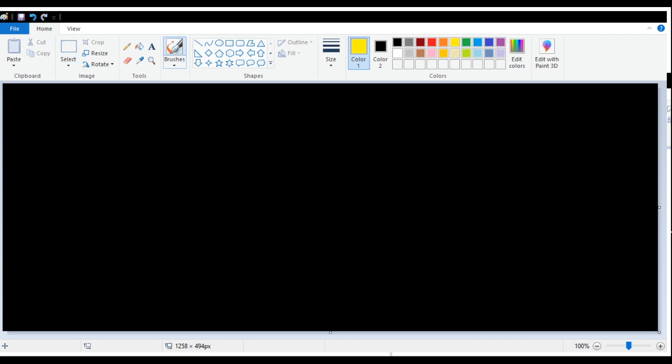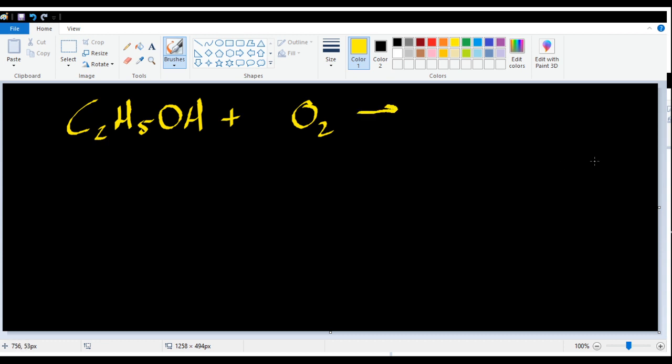Come on. All right, so ethanol is C2H5OH plus oxygen, because we're looking at combustion, makes CO2 and H2O. Now we need to balance.